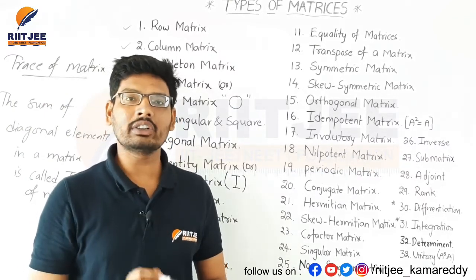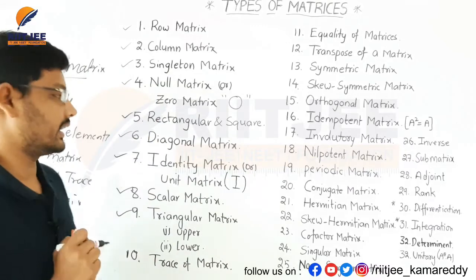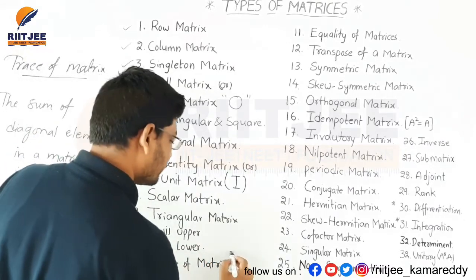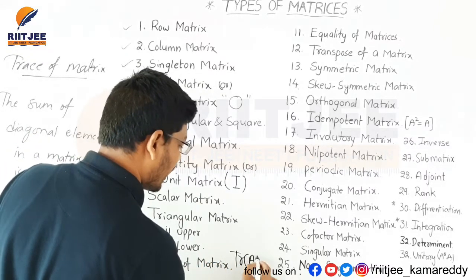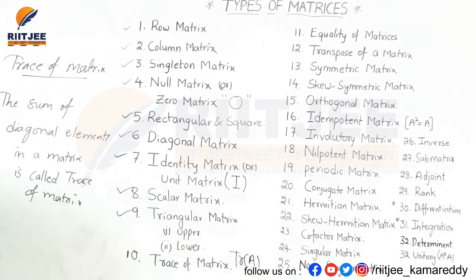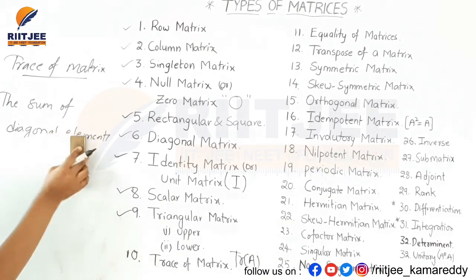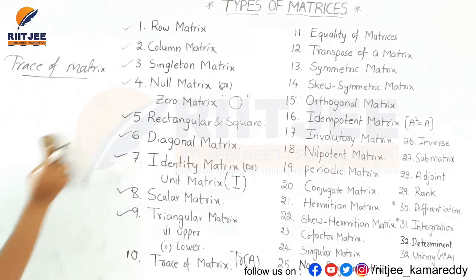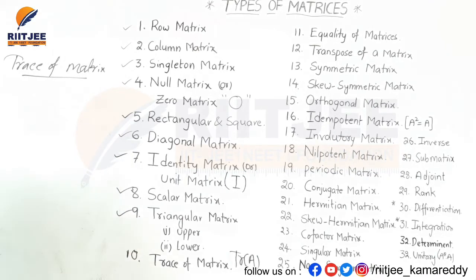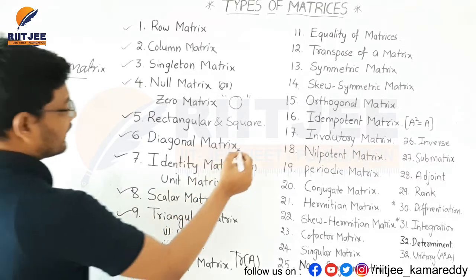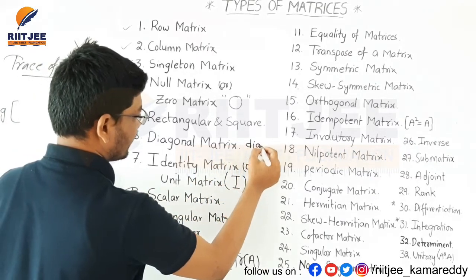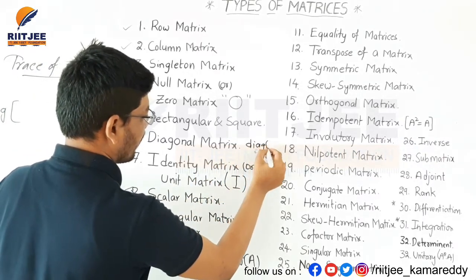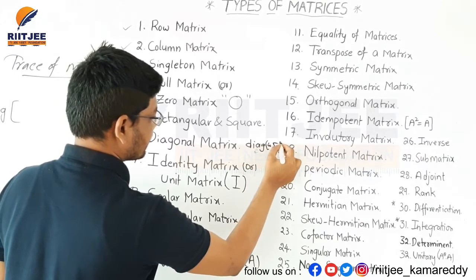Trace of a matrix is denoted by TR of A. Let us take one example here. DIAG is the representation of diagonal elements, DIAG of 4, 5, 6.